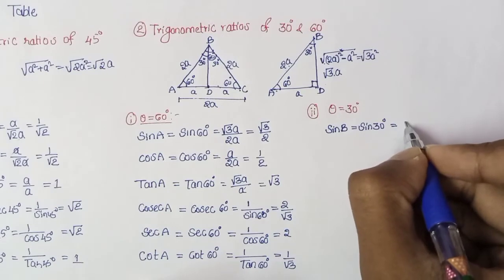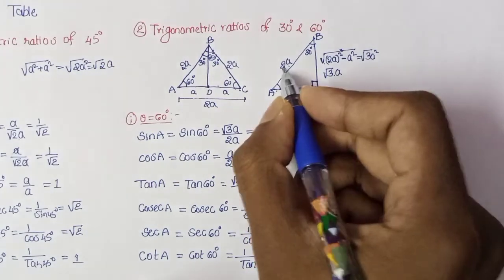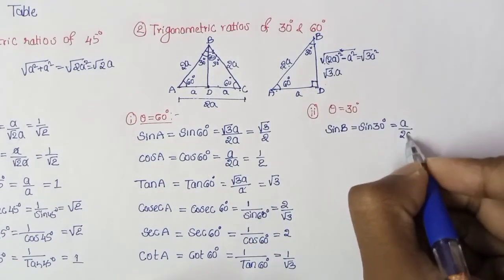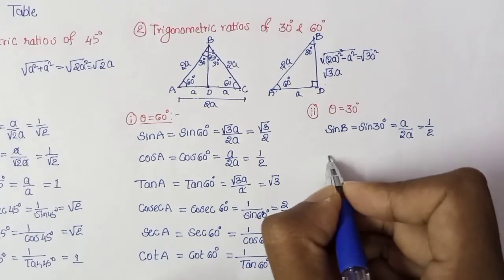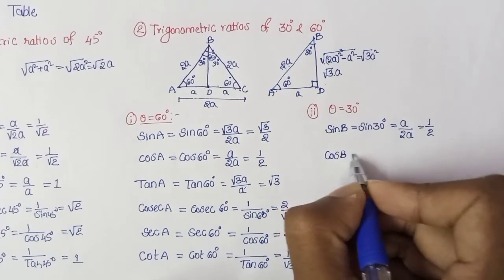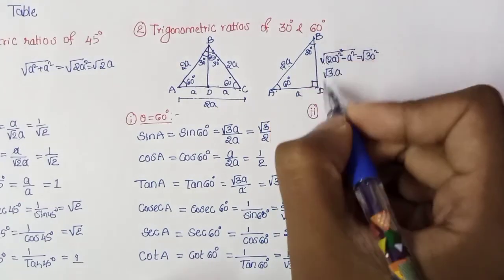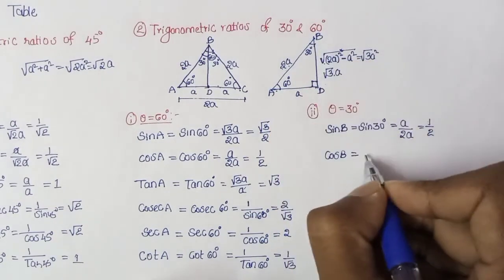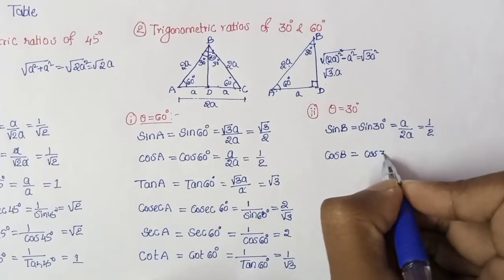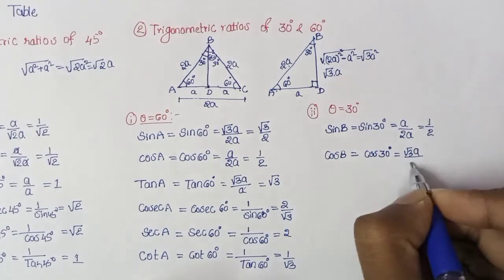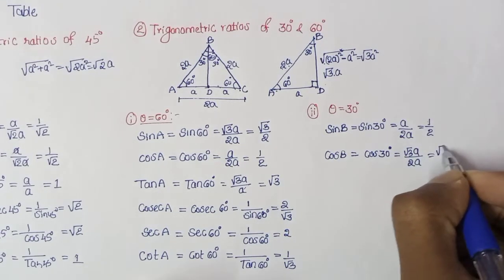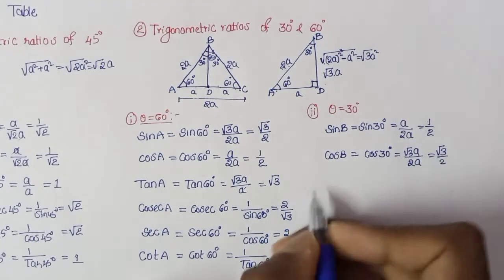So opposite side is a, hypotenuse is 2a, a by 2a, so 1 by 2. Same for cos B. Cos B is the adjacent side root 3a divided by hypotenuse 2a, so cos 30 degrees is root 3 by 2.